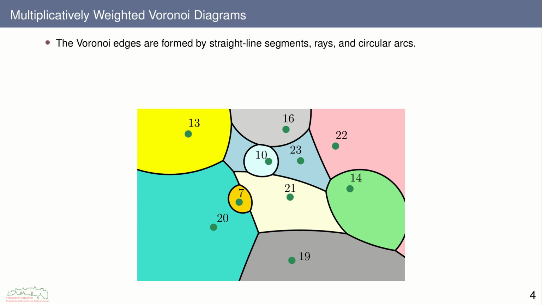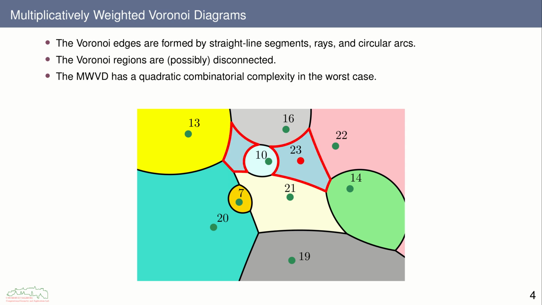On the other hand, we have the multiplicatively weighted Voronoi diagram. Its edges may also be formed by circular arcs. In contrast to the unweighted Voronoi diagram, the Voronoi regions of the multiplicatively weighted Voronoi diagram are possibly disconnected.